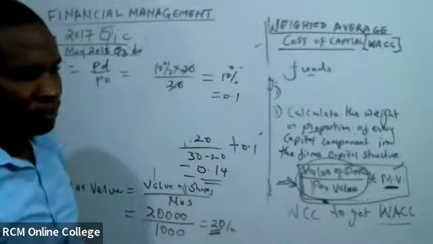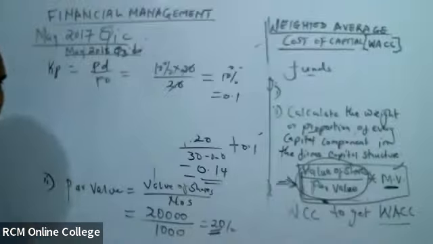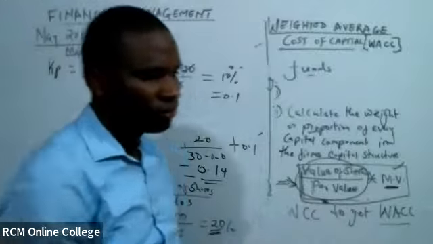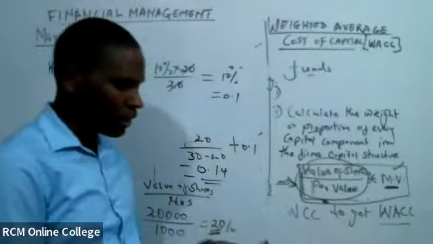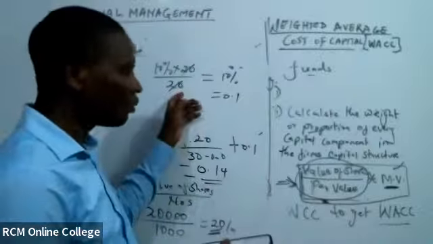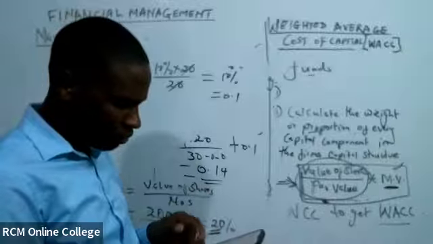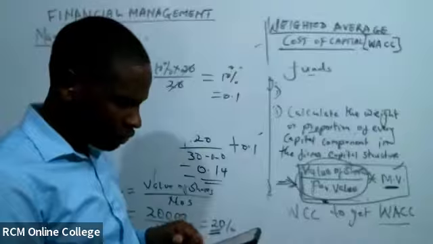Tumeelewa hapo? Have you understood? Nataka tuende kwa KD, but before then please confirm whether we are together. Aya, sawa. Najua hapa kwa 20 ndio bado, Mel has not understood hapo kwa 20.